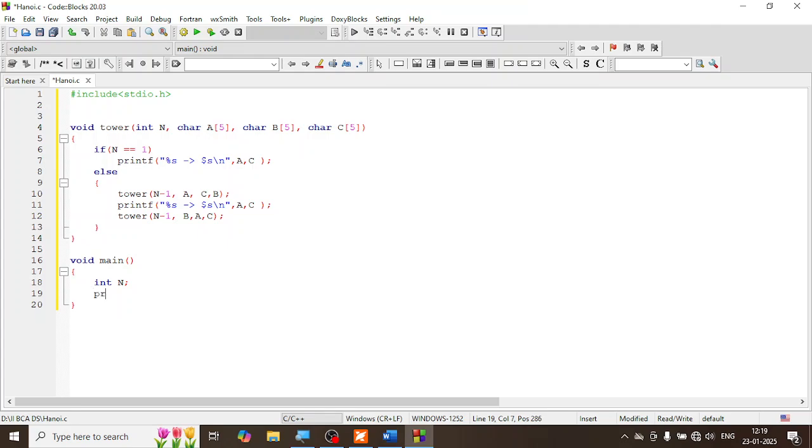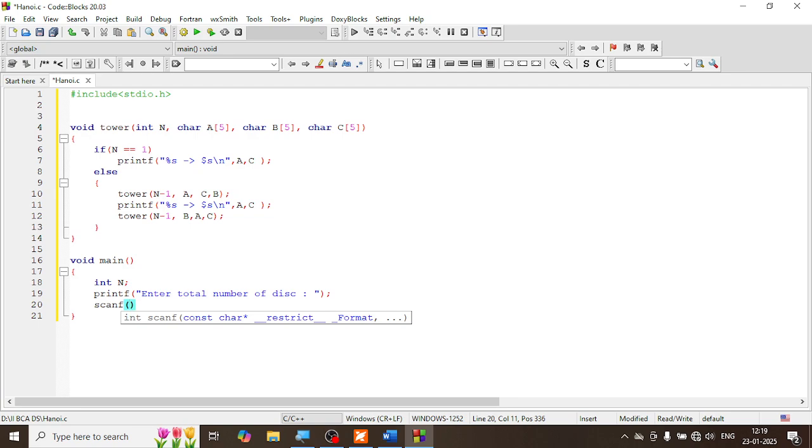So let me write printf, and I'm going to say, enter total number of disks. Whether it is disk or disc, I am not good in English, so you ask your English teacher what the spelling is.